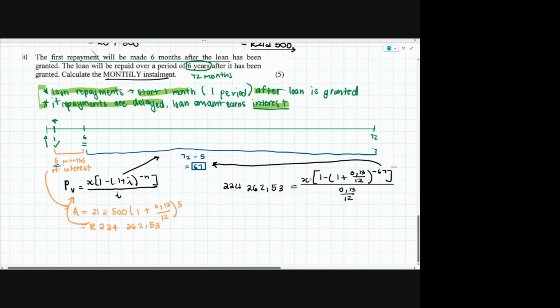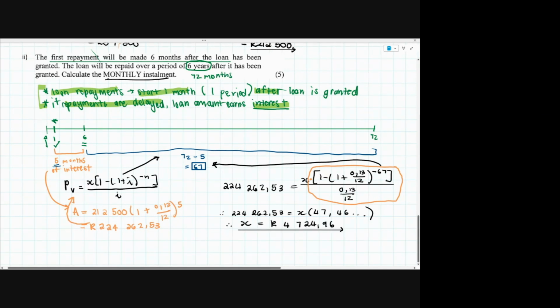So what I did was I worked out the value of that part of my fraction, because then it would just be x times that. Again, if you need to break it down even more, that's absolutely fine. And that came to 47,46, and there was a whole bunch of decimals. Now what I'm going to do is divide both sides by the 47,46 to get my x, or monthly repayments, and that was 4,724 Rand 96 cents.